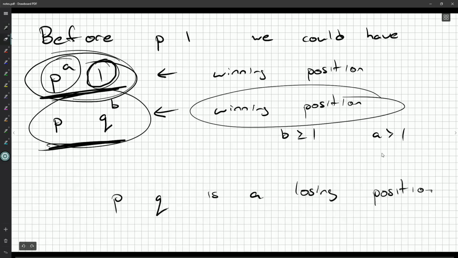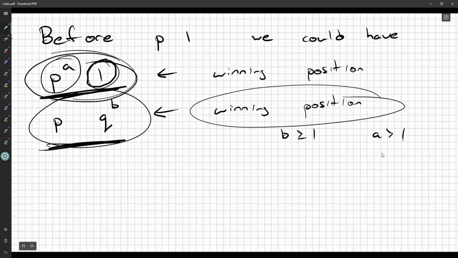Wait, no it's not. It's a winning position. Again. This is pesky. What would P squared Q to the B be? And we'll say make it just Q. Right?